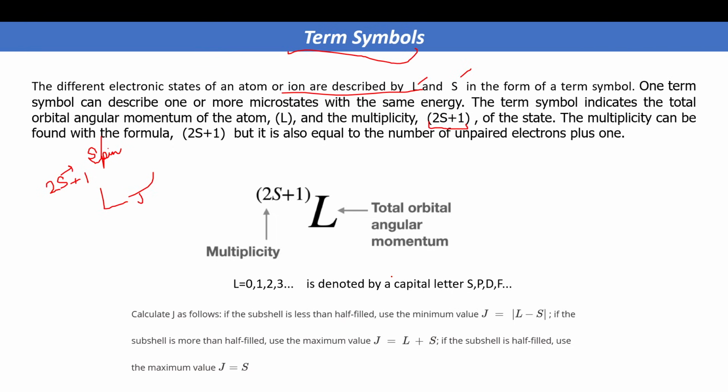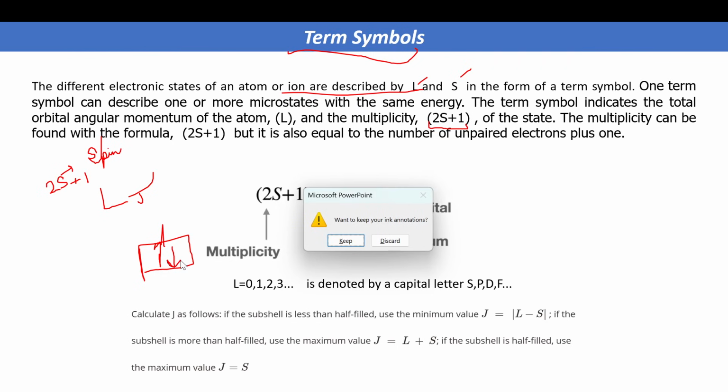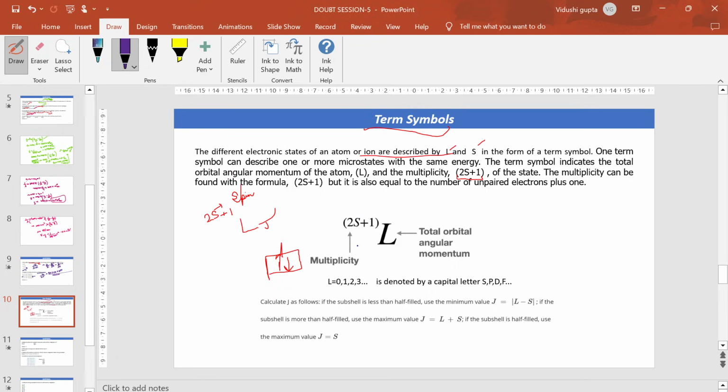J you calculate as follows. I will come to this later. So before proceeding, how can we know the spin and everything? Let's take a simple s subshell. Here both electrons are filled. So what does it mean? What is the spin here?